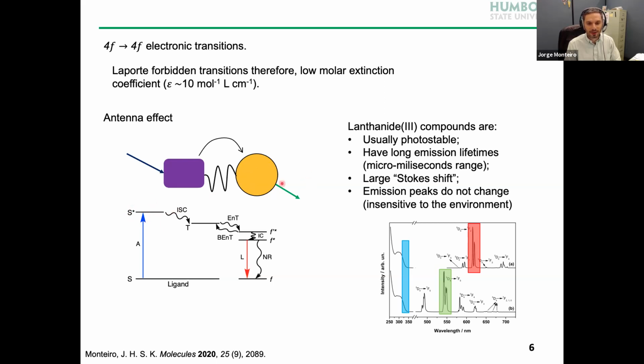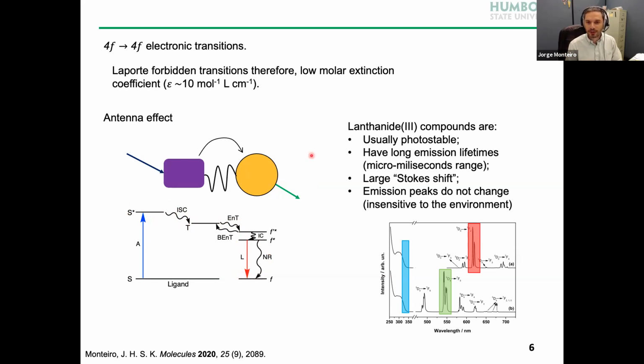We have a heavy atom here, so we'll favor intersystem crossing. Then a long-lived triplet is populated, and from here we have energy transfer to the lanthanide, and then the lanthanide will decay at that specific wavelength that depends on the metal.